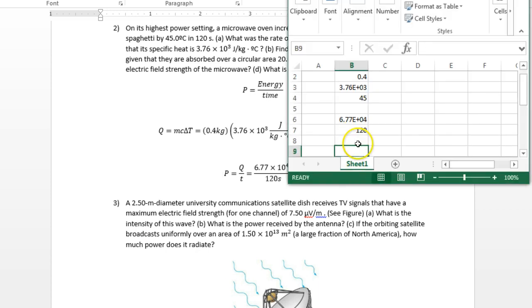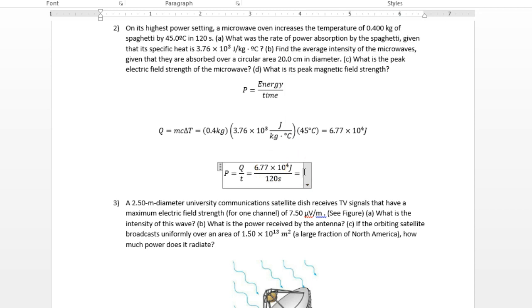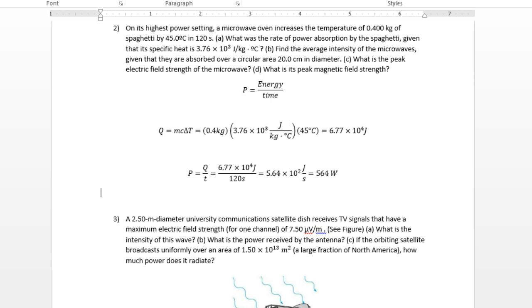So the power is that divided by that, 5.64 times 10 to the second joules per second. I'm going to make this 564. A joule per second is a watt, so this is 564 watts.